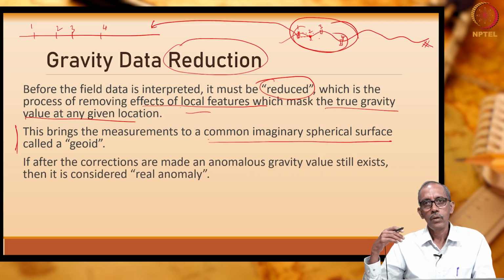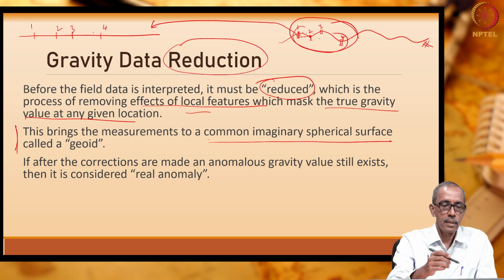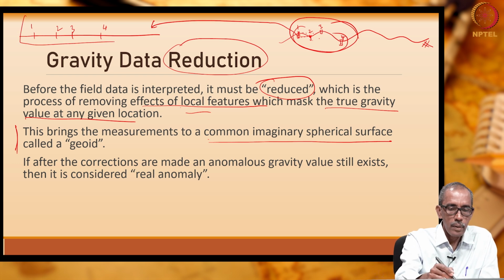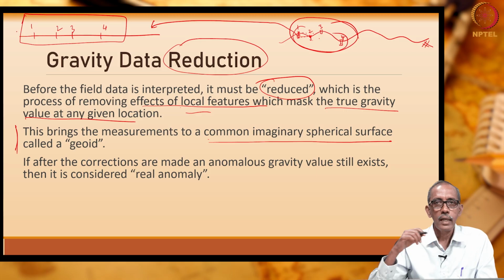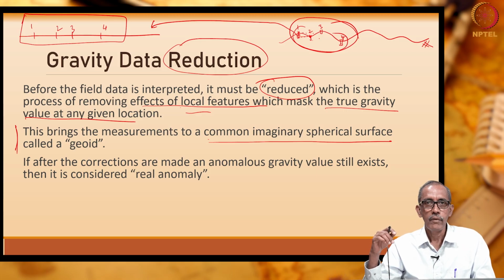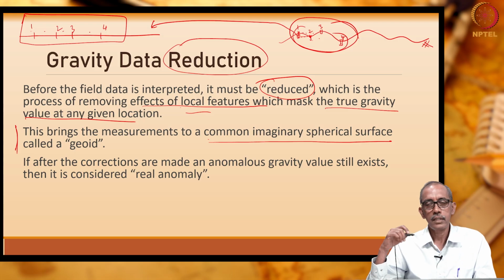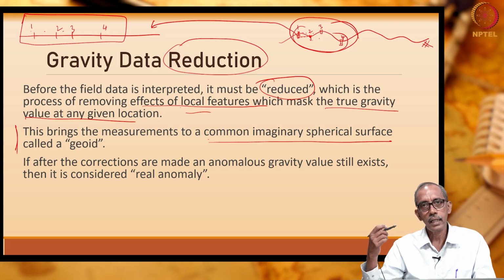Now, we have carried out the corrections, right? After carrying out the corrections, let us take the same example. After carrying out all the corrections, if the value of acceleration due to gravity is different between these stations, station 1, 2, 3, 4, what does it indicate?